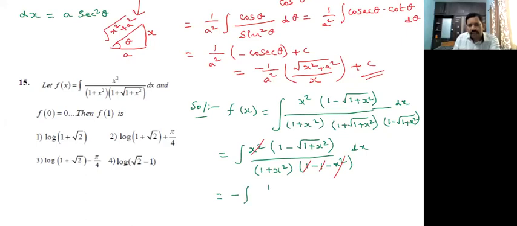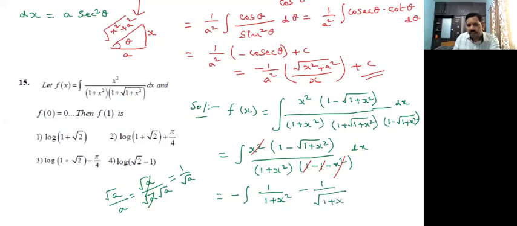Here split this: 1 by 1 plus x squared minus root 1 plus x squared divided by 1 plus x squared. That means root a divided by a, we can write root a into root a. Root a cancels. We get 1 by root a, that means 1 by under root 1 plus x squared dx.